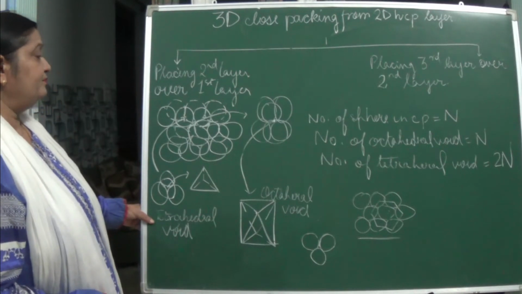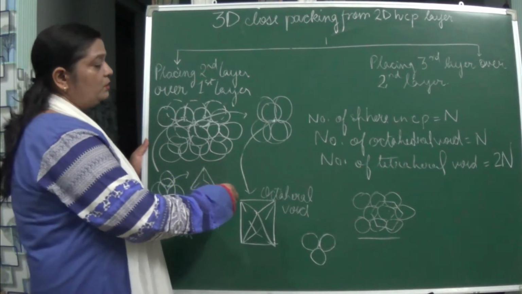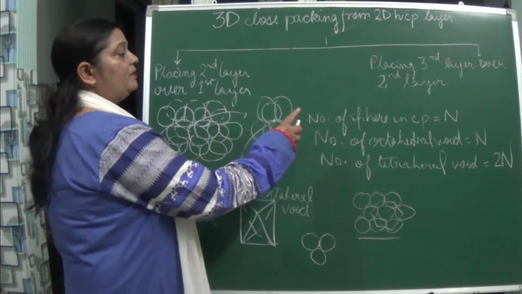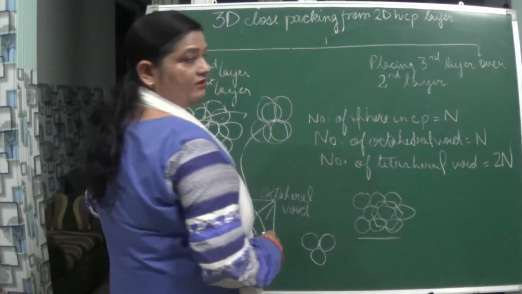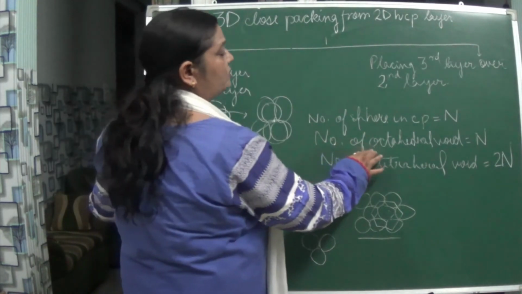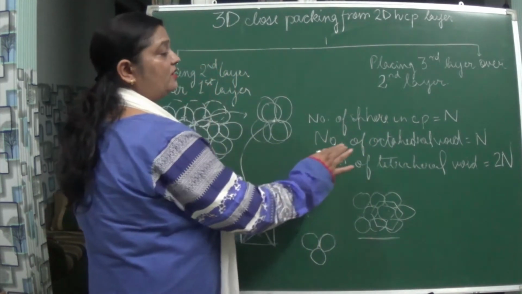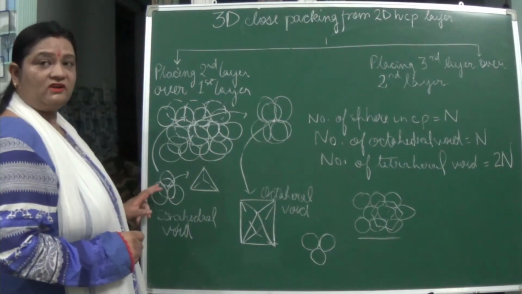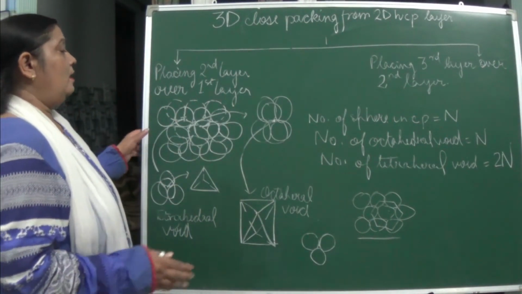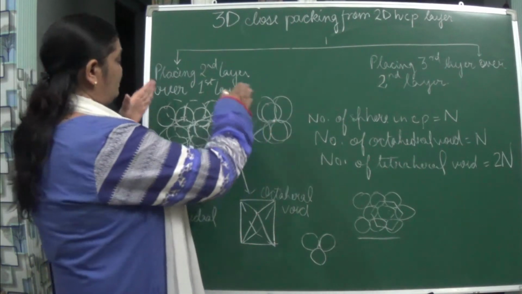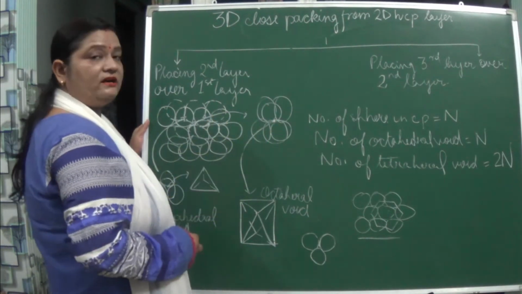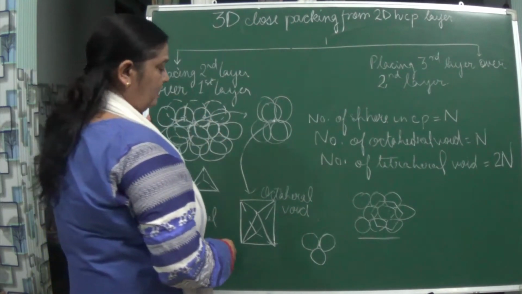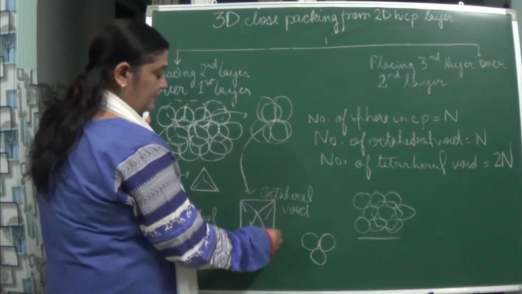Next, octahedral voids are also caused in this. If we are talking about any number of spheres in close packing, we take it as n. So the number of octahedral voids is n, and the number of tetrahedral voids is 2n. Just listen to that. Here we have seen the tetrahedral void, and the octahedral voids also exist in this. The structure of the octahedral void is in this manner.